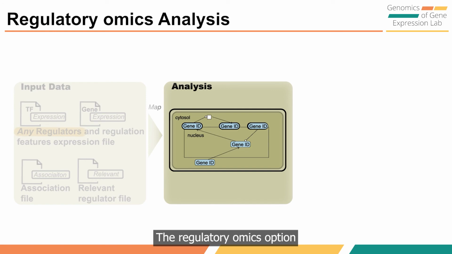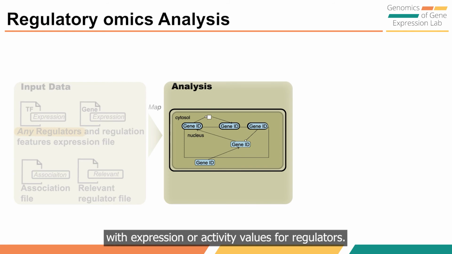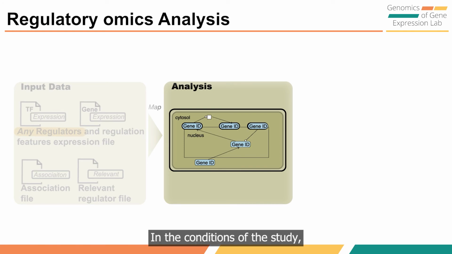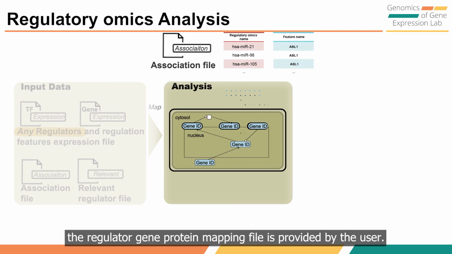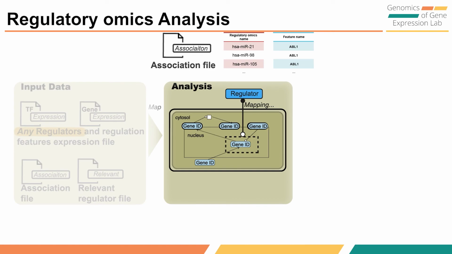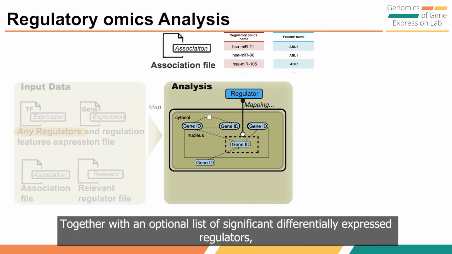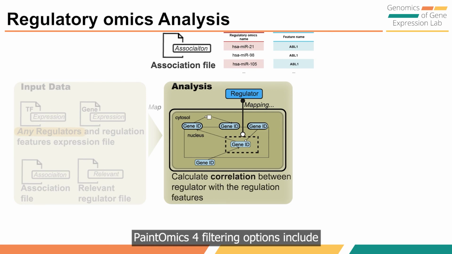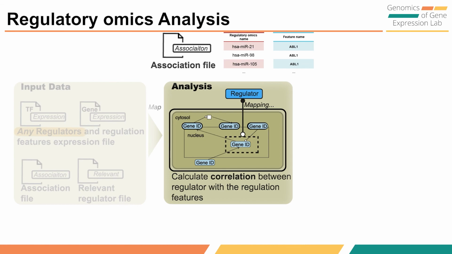The regulatory omics option takes a trans-regulatory feature data matrix with expression or activity values for regulators in the conditions of the study. The regulator gene-protein mapping file is provided by the user. Together with an optional list of significant differentially expressed regulators, PaintOmics 4 filtering options include thresholds for positive or negative correlation to select the expected regulatory relationships.